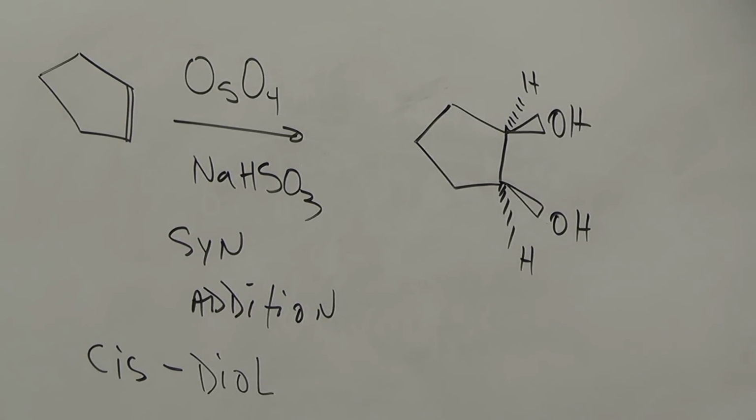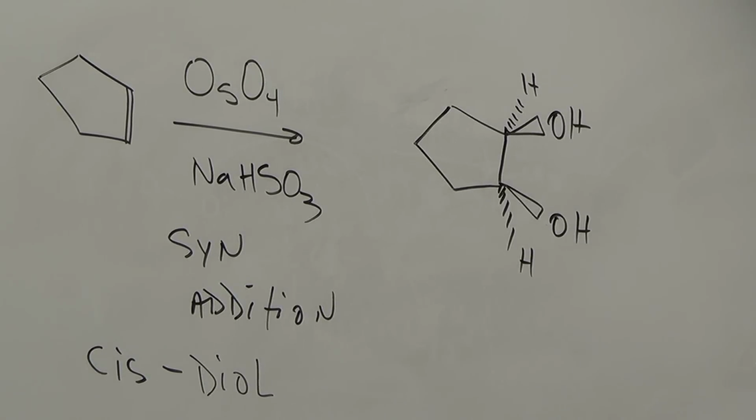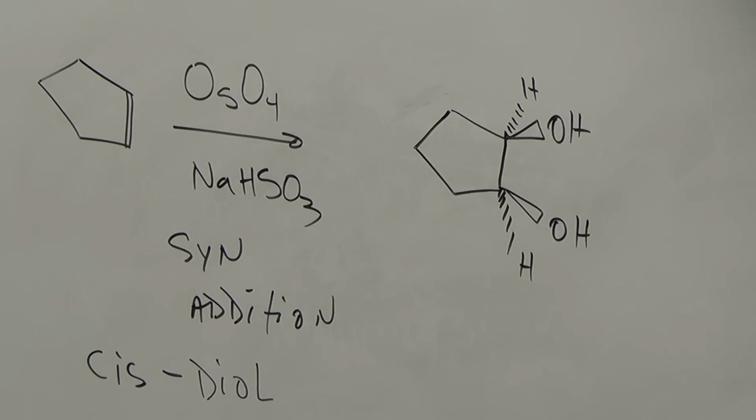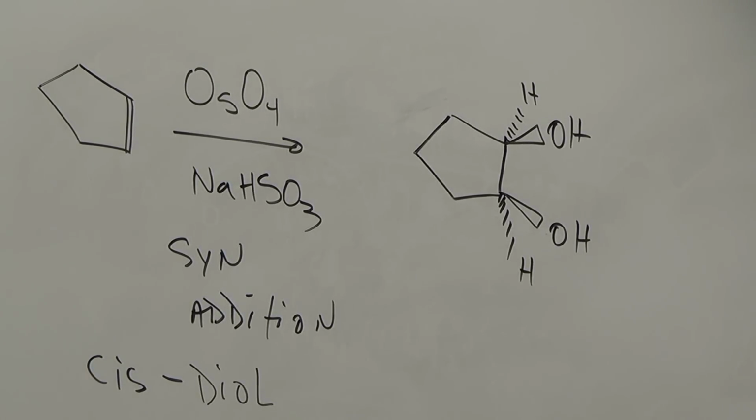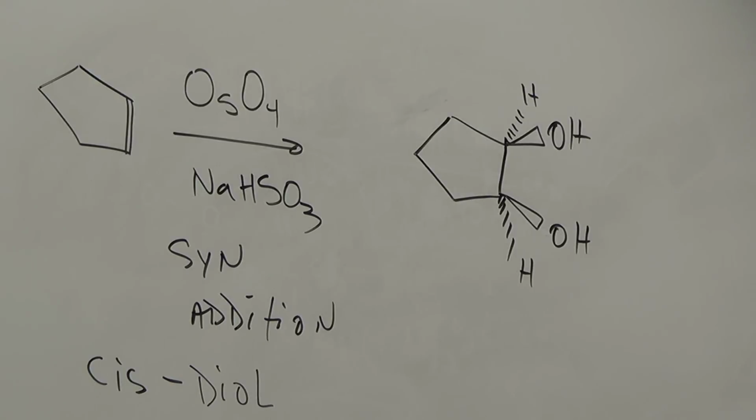Because it's a syn addition. But you don't do that with anything else that's syn addition? I don't know, I did it without. So that gives you a cis diol.